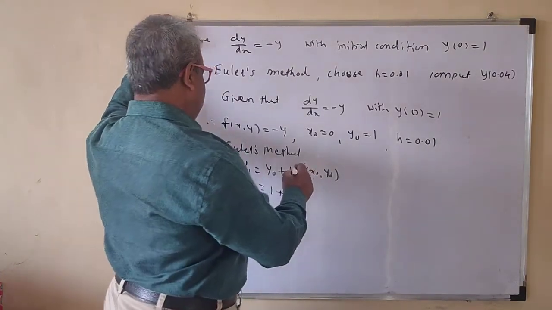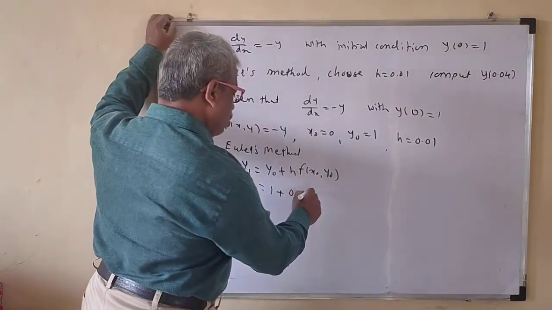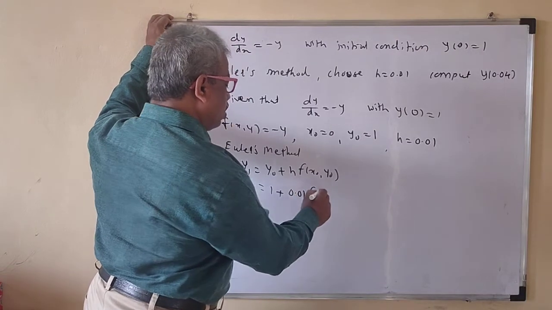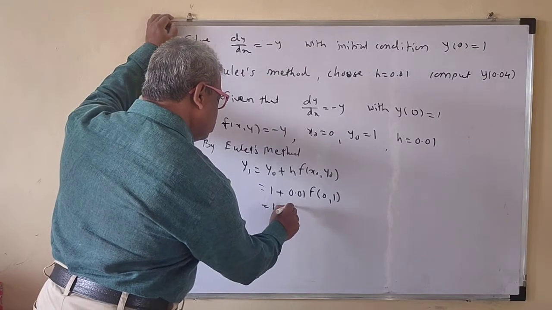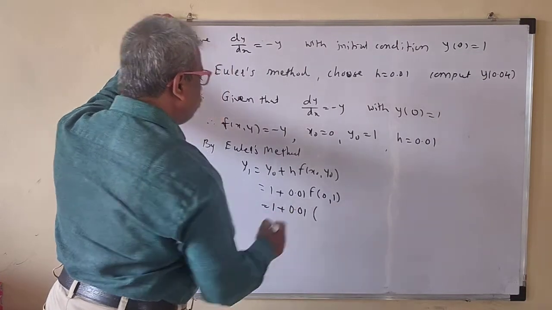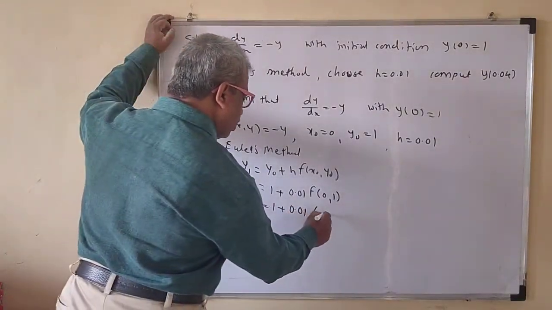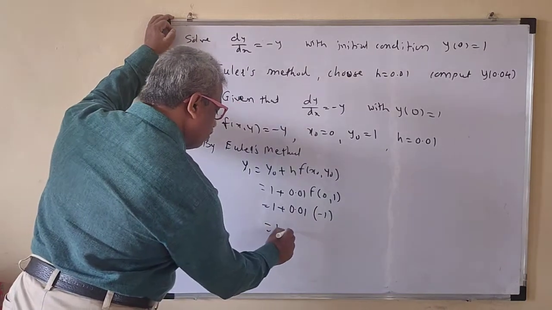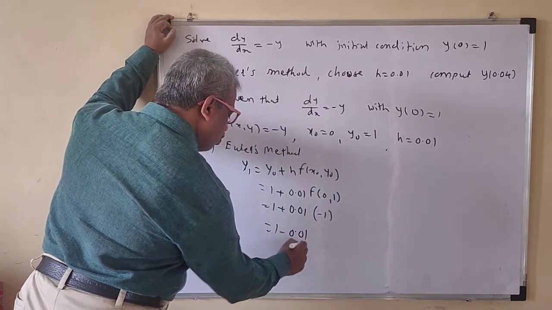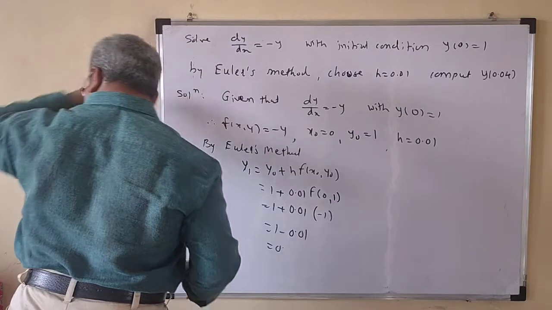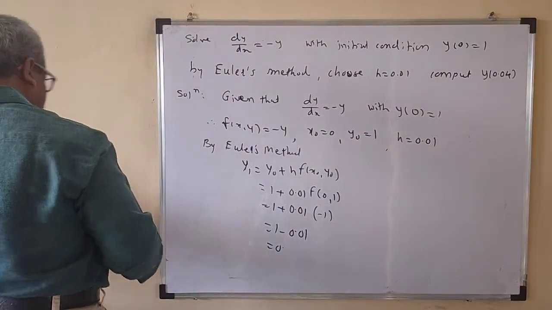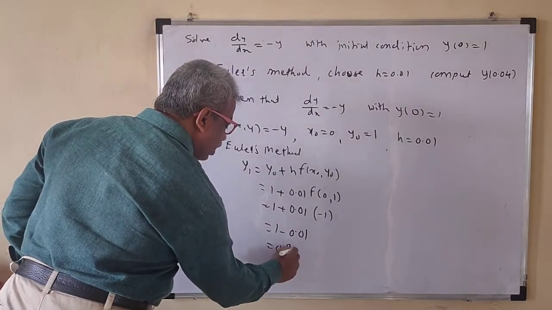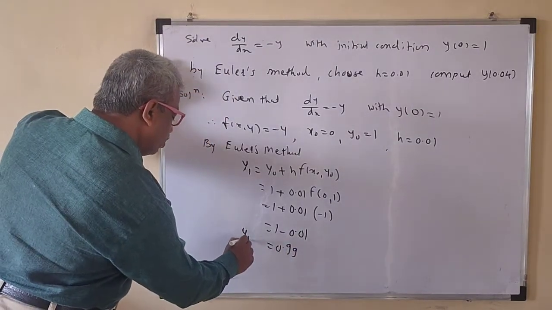Okay, so f of x0 is 0, y0 is 1. So 1 plus 0.01 into f of 0, 1 is minus 1. So this is 1 minus 0.01, so this is 0.99. So this is y1.